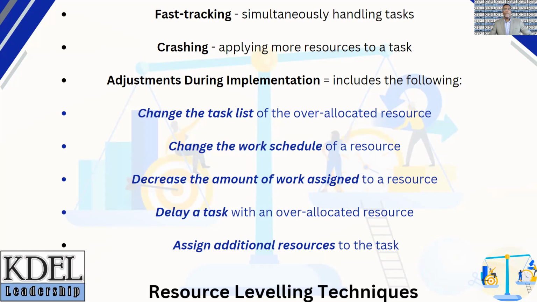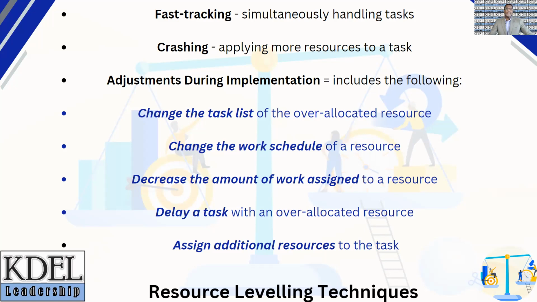In essence, we must be ready to level resources as needed while we are in the implementation trenches. Some of the techniques available to us include fast tracking, which is where we execute numerous tasks at the same time, and crashing, where we apply more resources to a task to bring it to a speedier conclusion.